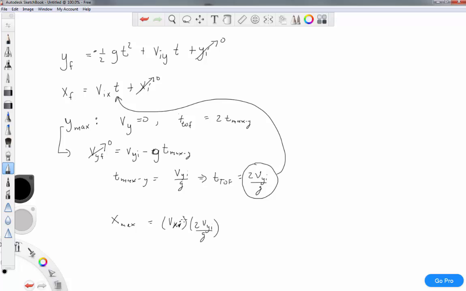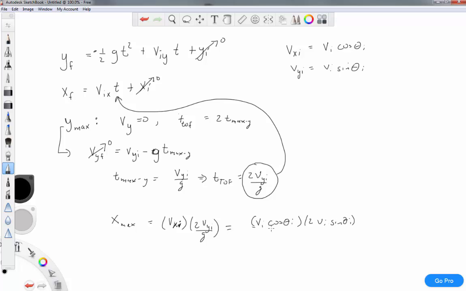Alright, well, we also remember that v initial for x is equal to the v initial times cosine of theta, and the v initial for y is equal to v initial times sine of theta. Both of these are theta initials. So this right here basically is going to give us v i cosine theta i times 2 v i times sine of theta i divided by g.